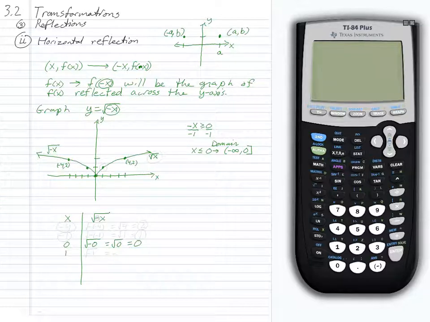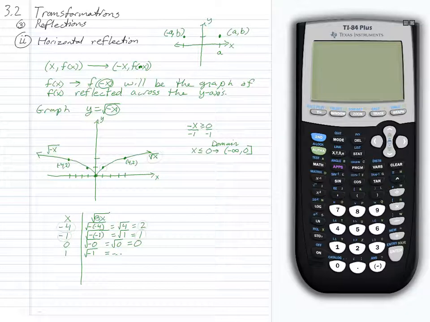If I plug in 1, then I would take the square root of negative 1, which is undefined. But if I plug in negative 1, that negative inside the function, built in now, cancels with the negative in the x value that I'm using. So we get the square root of positive 1, which is 1. And if I plug in negative 4, again, the negative and the negative of my x cancel, and I get the square root of positive 4, which is 2.